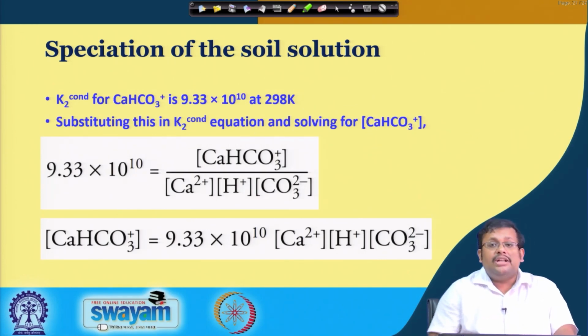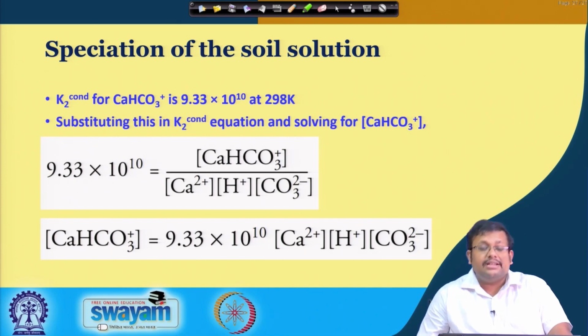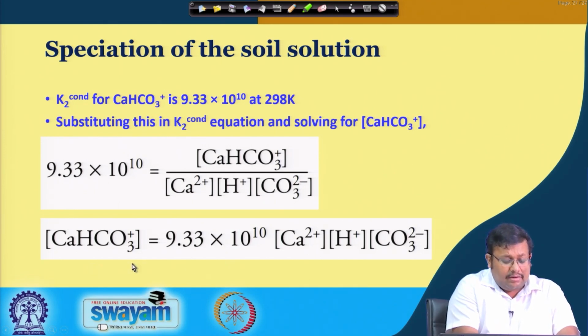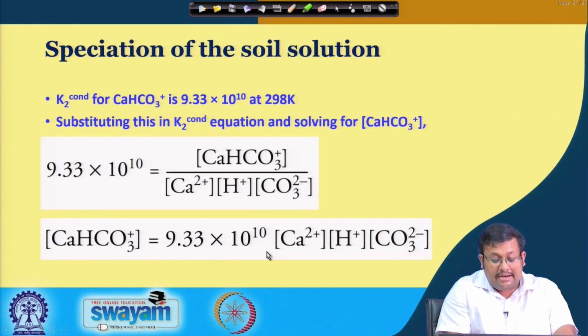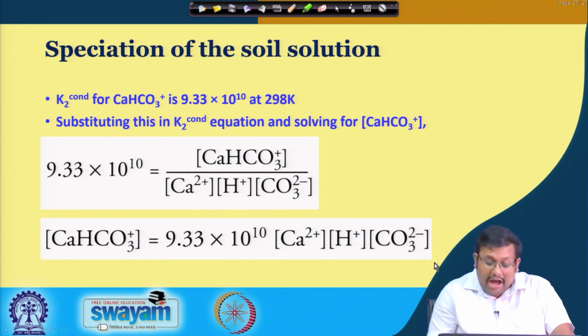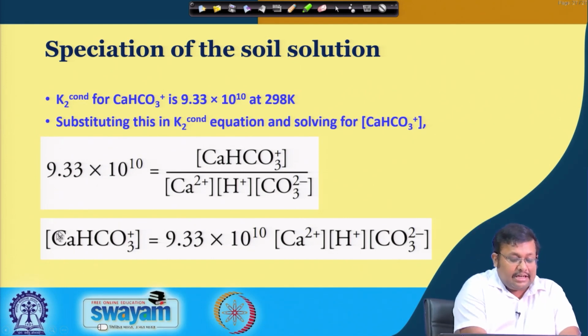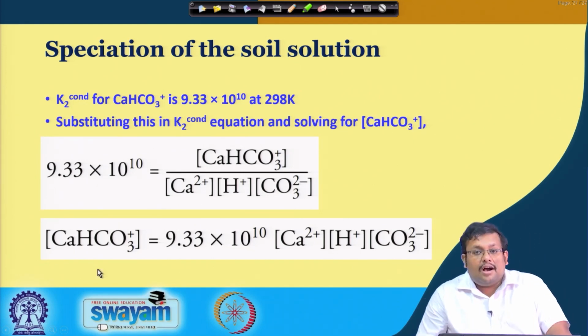If we know the conditional stability constant, that is 9.33 into 10 to the power 10 at 298 Kelvin temperature, we can express the concentration of calcium bicarbonate as 9.33 into 10 to the power 10 times the concentration of calcium, the concentration of H plus and the concentration of carbonate. Now, if we input the concentrations of calcium, protons or H plus, and carbonate, then we can calculate the concentration of that particular compound.